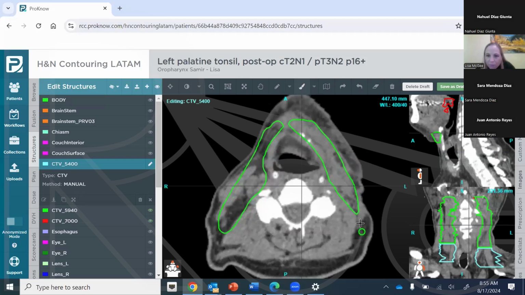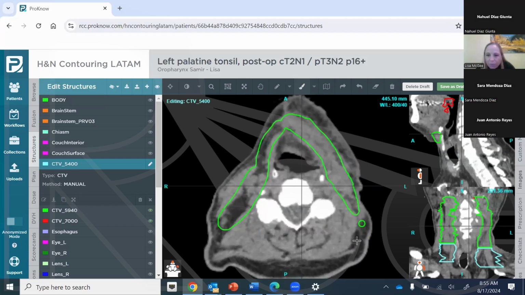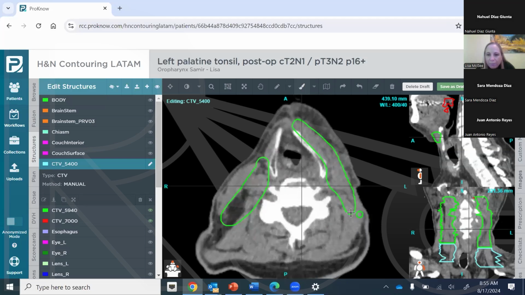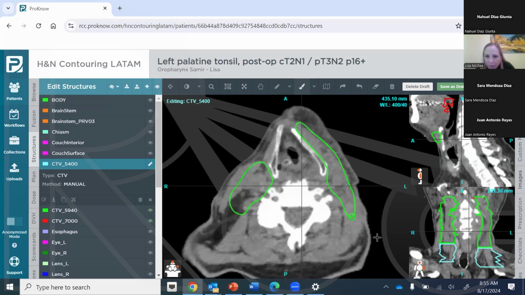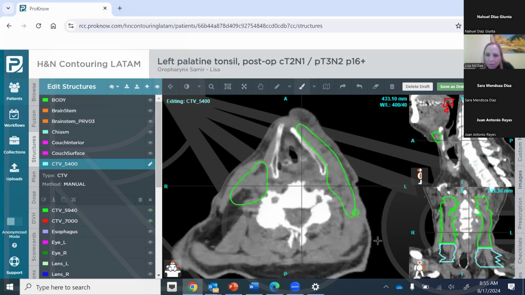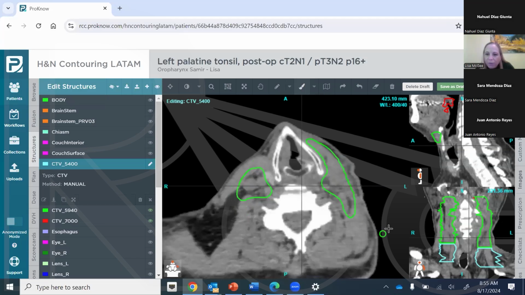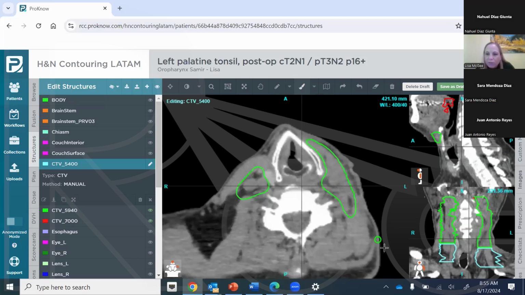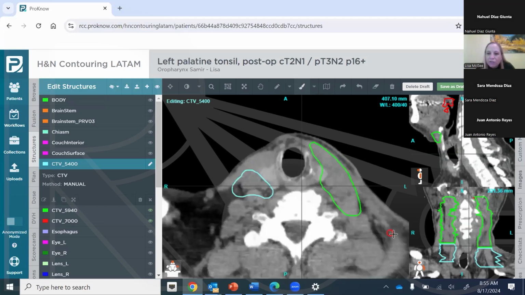And then as we're coming further down, level 5. And then we're seeing a lot more of the post-operative changes here. And so then coming down further, when we really start to see the trapezius change shape.